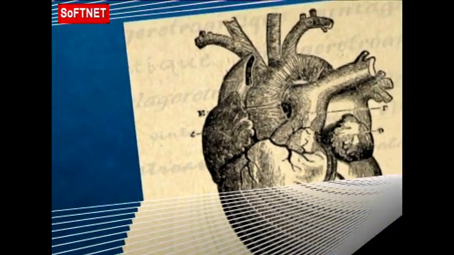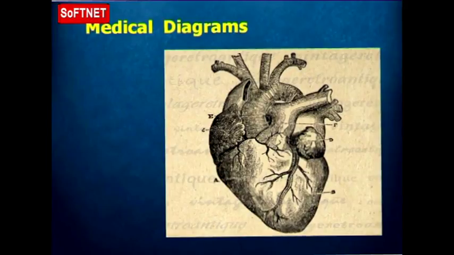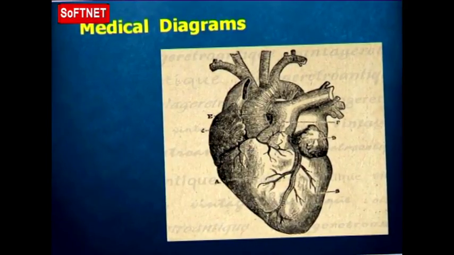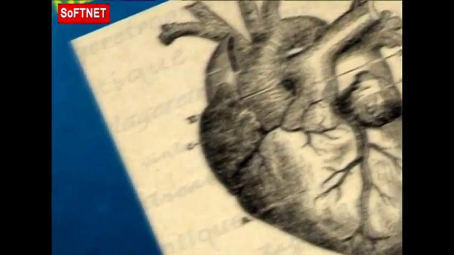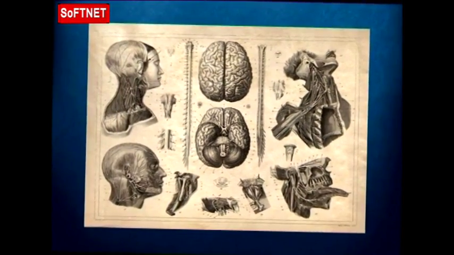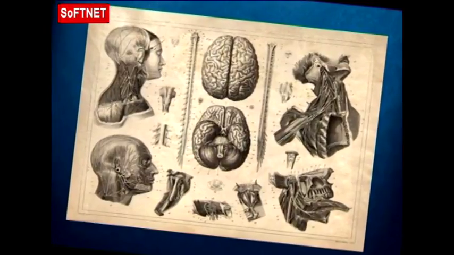Another is medical drawings, and doctors know the organs of the human anatomy by using these medical drawings, and by reading these drawings they know what are the shapes and what are the details of each and every organ within the human body. This is another example.